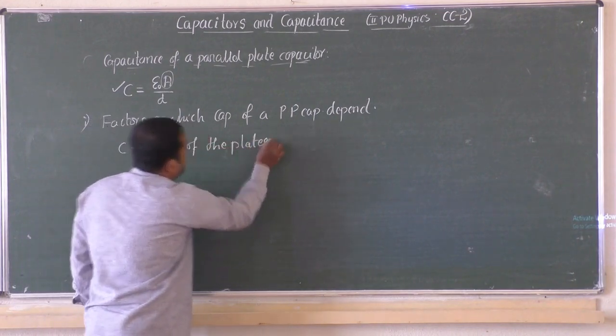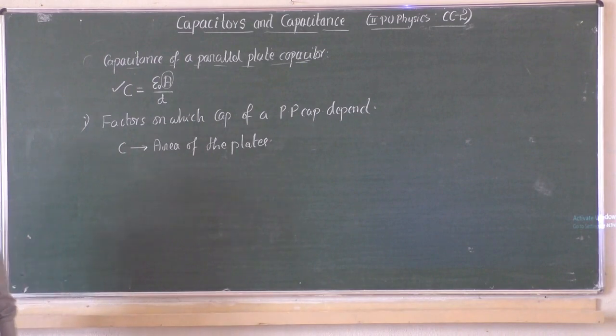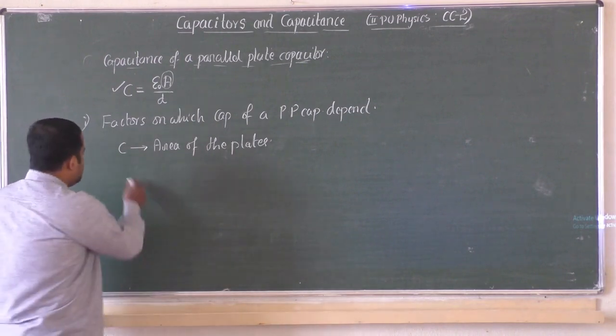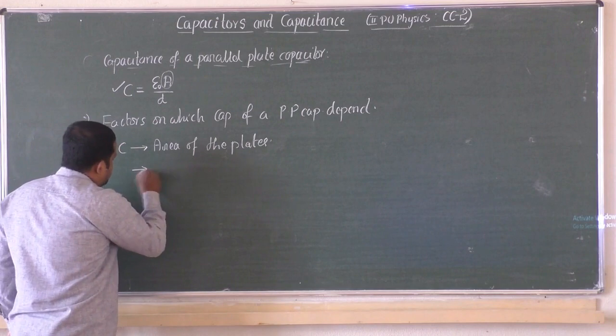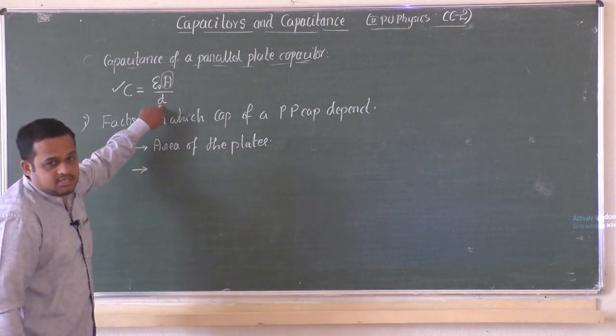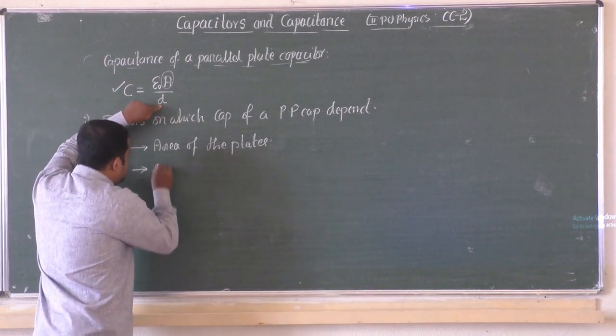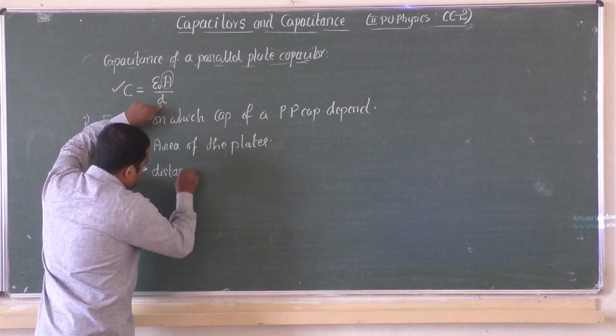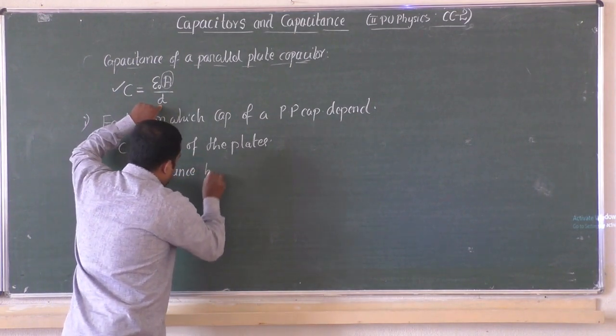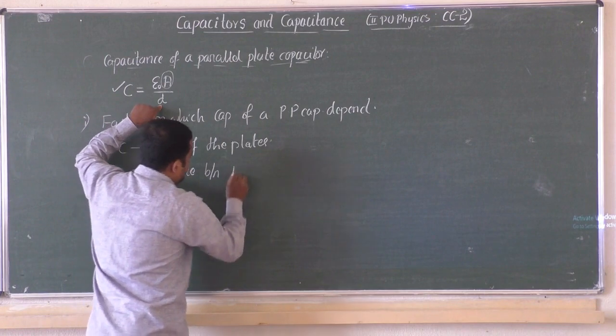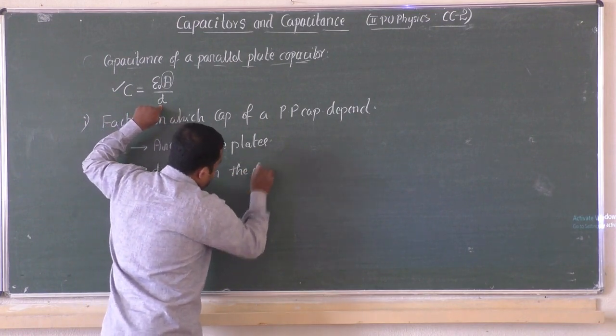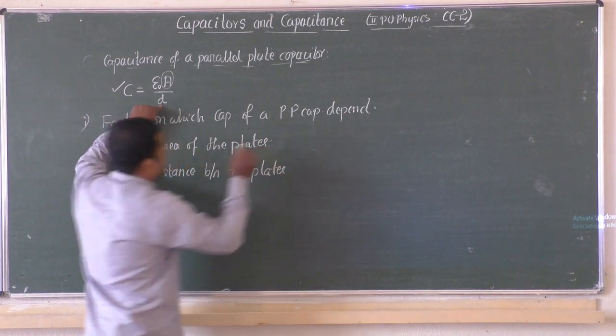Capacitance depends on area of the plates used in the capacitor. Second factor, that is in the denominator, that is distance between the plates of capacitor, or separation between the plates.